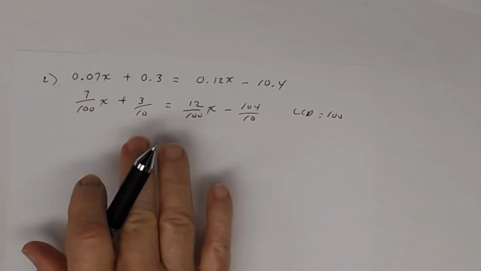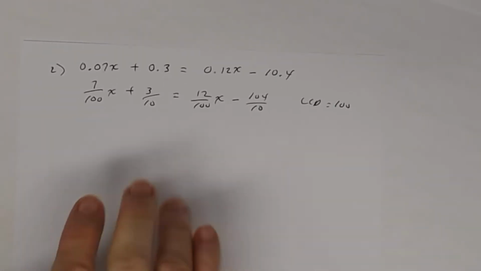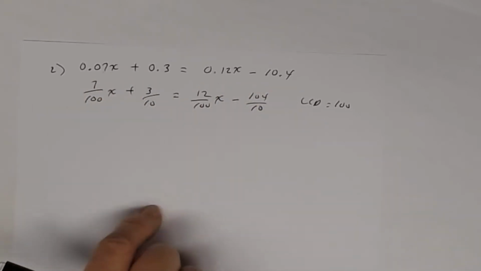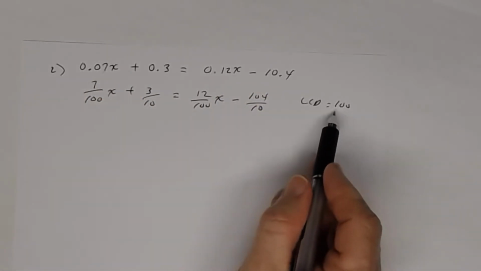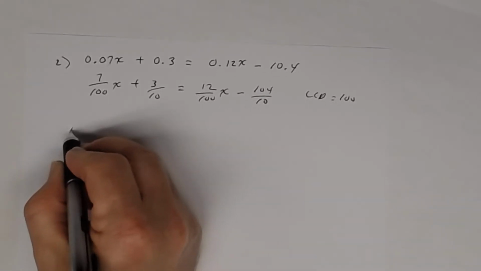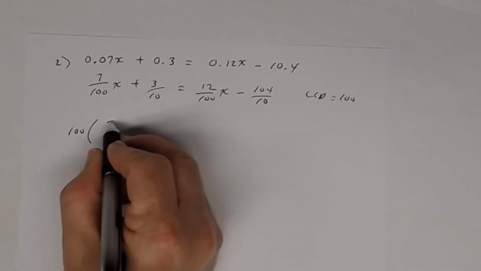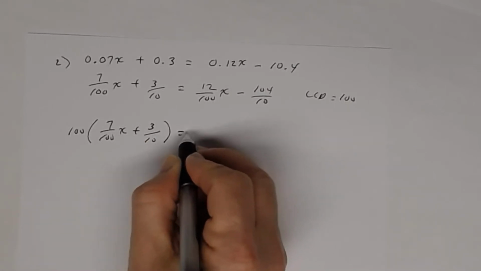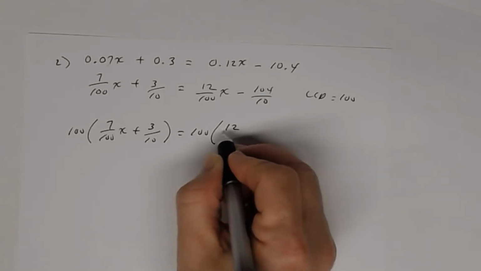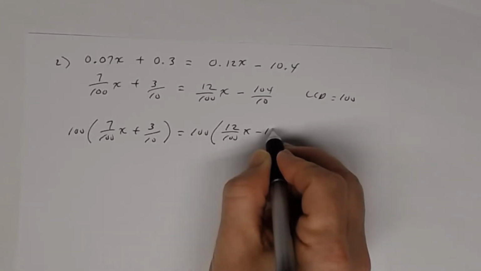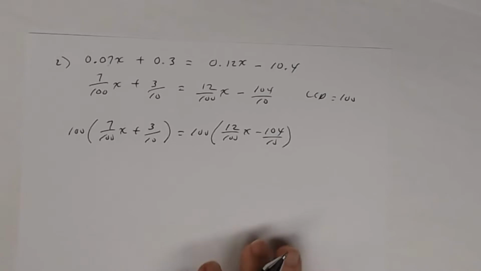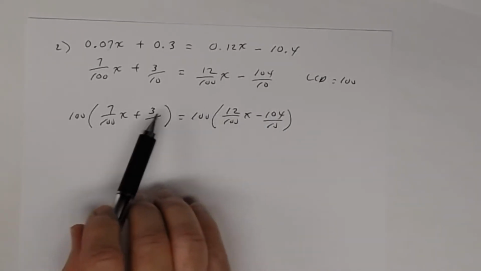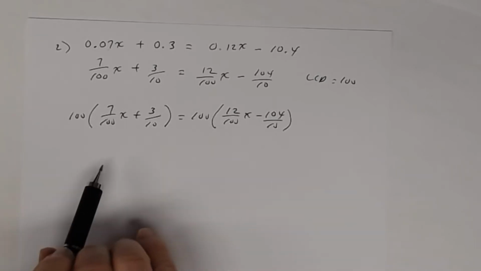So we're going to do to this one just like we did in the previous problem. So I'm going to put on this side you have 2 fractions. On this side you have 2 fractions. So put those in parentheses, and I'm going to multiply by 100. So I'm going to say 100 times the left-hand side, and then 100 times the right-hand side. Now, remember, the whole point of multiplying both sides by the least common denominator is to clear those fractions.